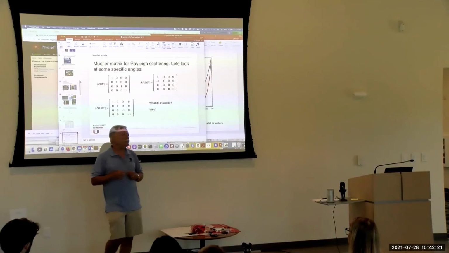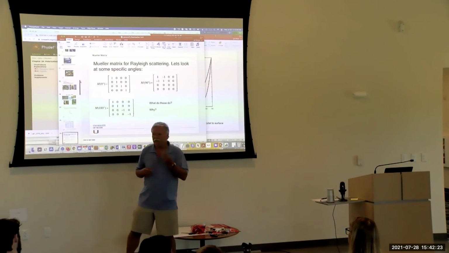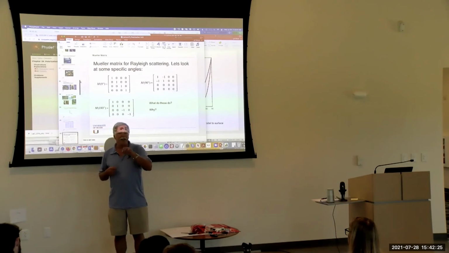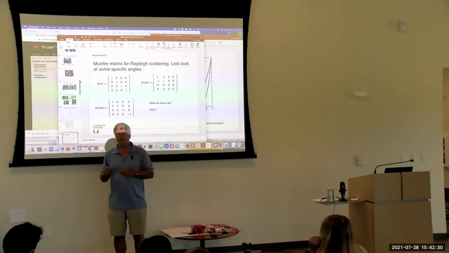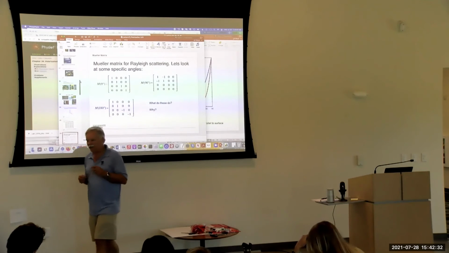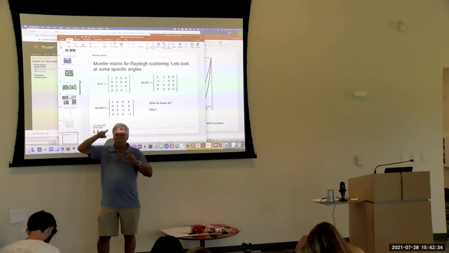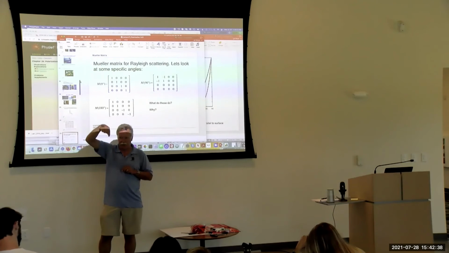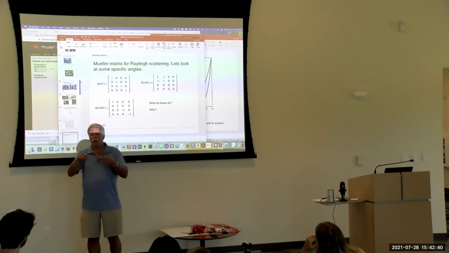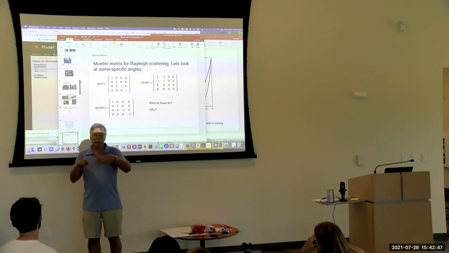To get an intensity, to get energy out of a wave, you square the electric field. So what we're going to get is 1, because for all directions the part going vertical is 1. But for the light polarized in this direction, it's going to be cosine squared.